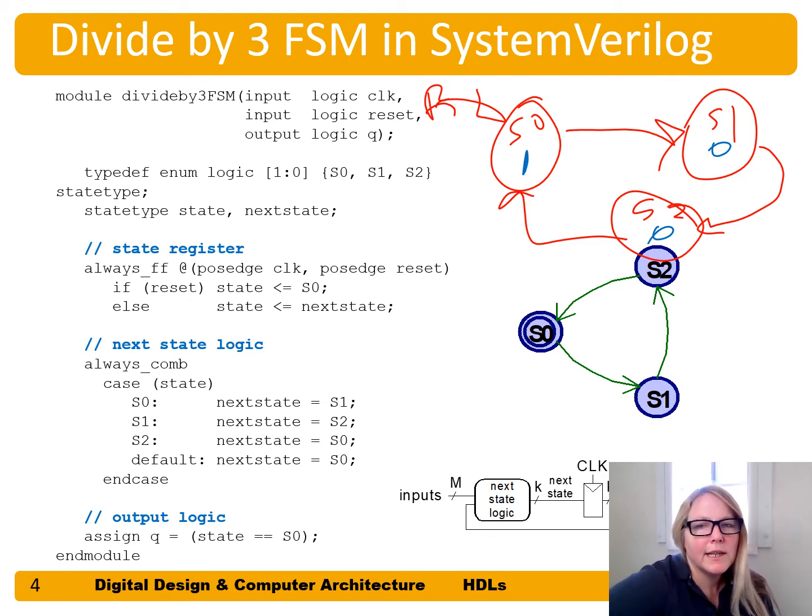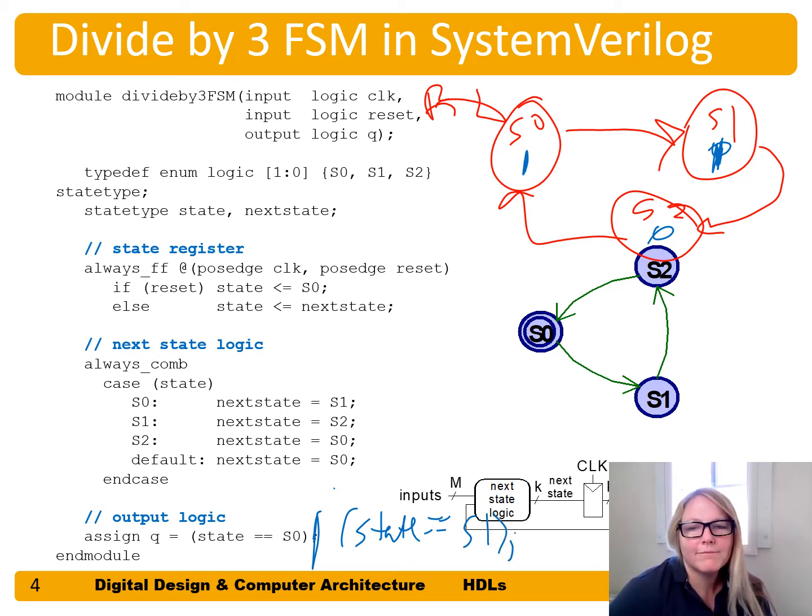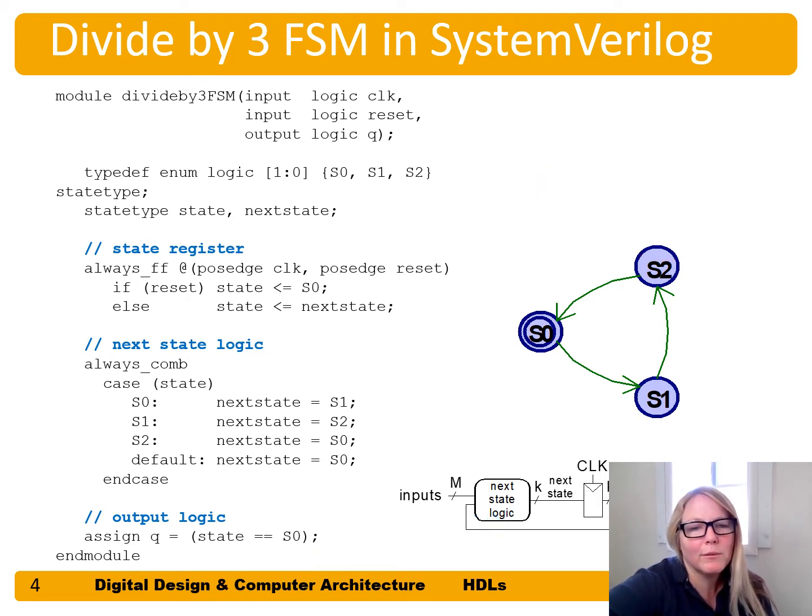And so if we had wanted to assert it, for example, in both S0 and S1, we would change this and say or state equals S1. And a common error that people often make there is they'll say, oh, S0 or S1.